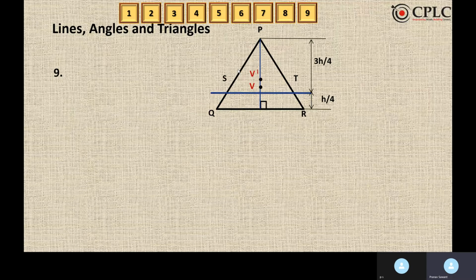Now this is another point, another centroid, that is V1. So now we can say that PV is equal to 2 by 3 into h. So PV1 will become 2 by 3rd into 3h by 4. So that becomes h by 2.